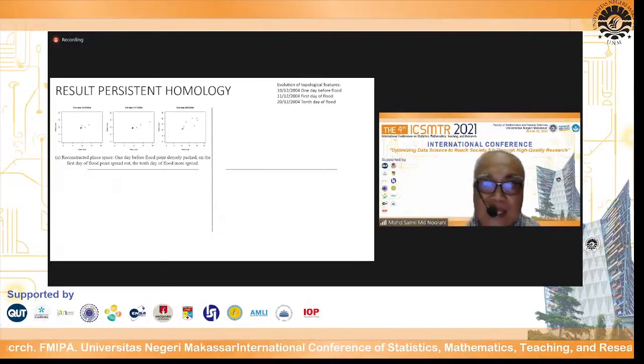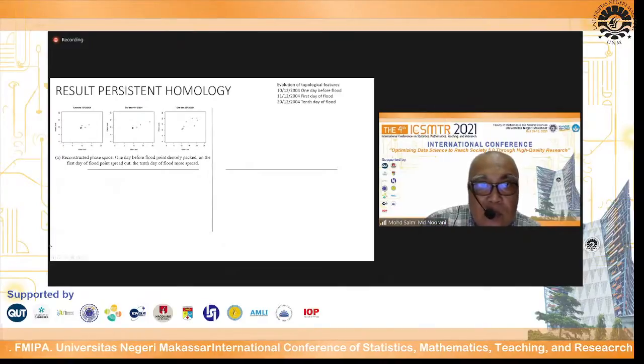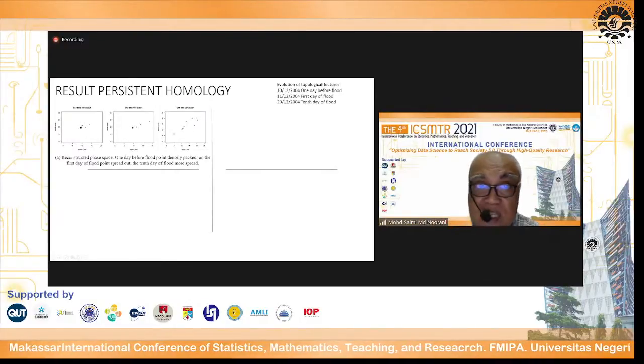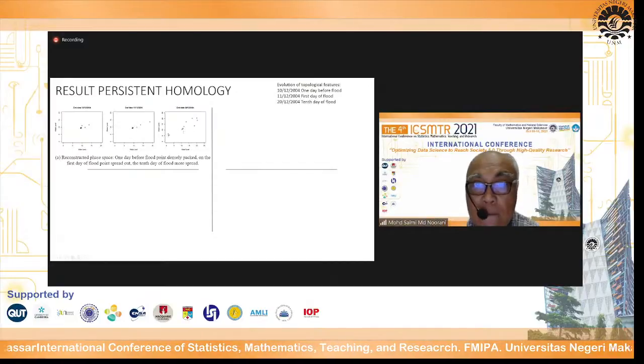So what we get is the point cloud data 1 day before, on the day, and 10 days after. So you see the point cloud data changes visually.